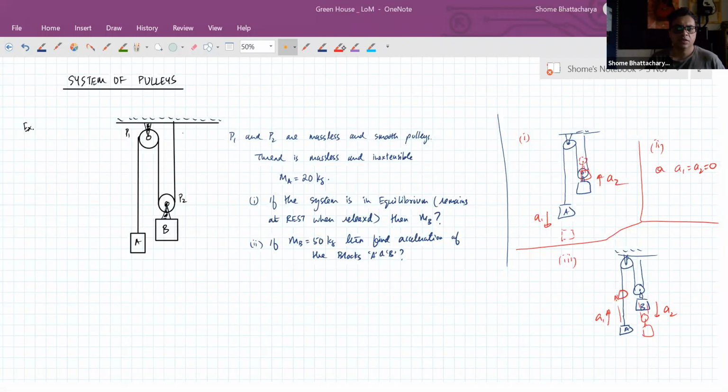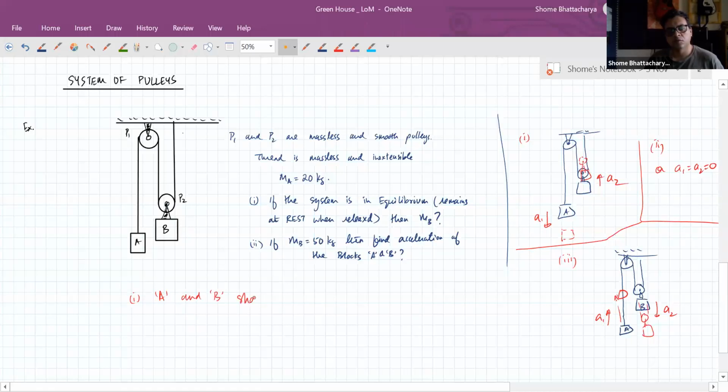Okay. So let's start with part 1. In part 1, what we want is that A and B should be in equilibrium. Okay. That means their acceleration should be 0.